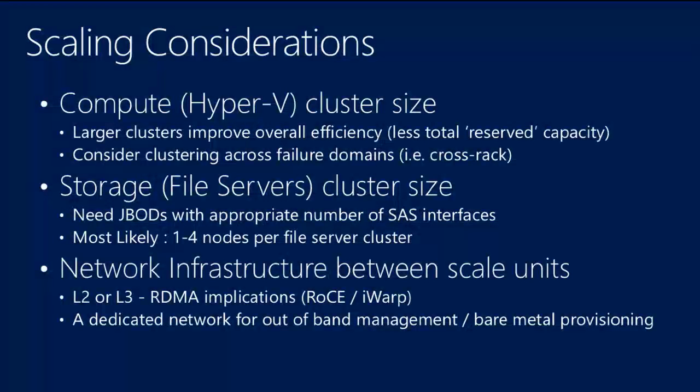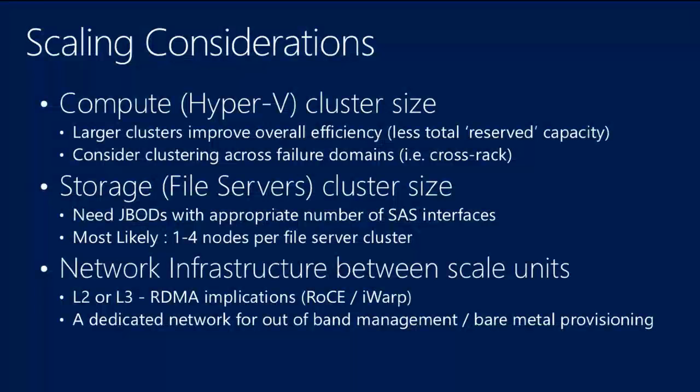And you obviously need to think about the network infrastructure between those racks or between the scale units. You need to design it so that there is good traffic bandwidth going on between those scale units. One thing to think about is that RDMA has different variations of this protocol, and some support cross-subnet routing, so RDMA routability, like iWARP does, but if you're using the RoCE standard, it doesn't, so you'll have to design an L2 network across your racks.